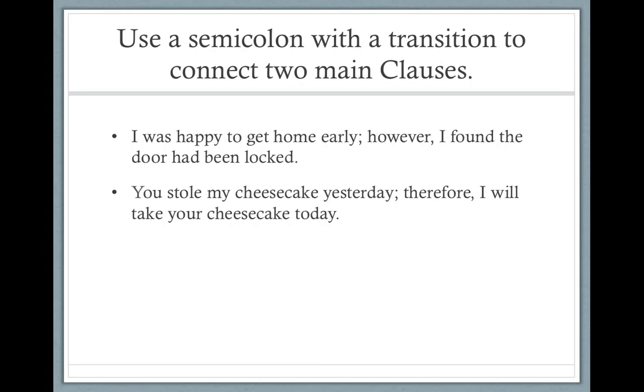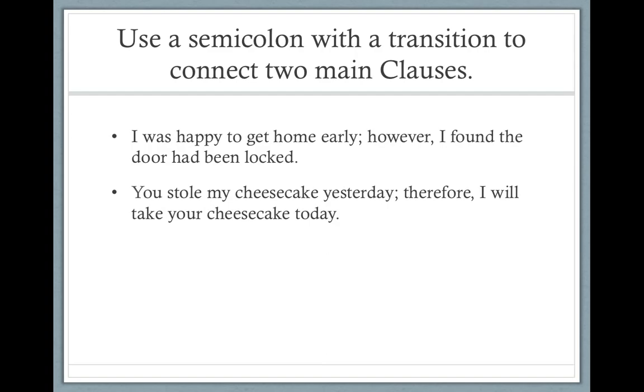The third way is that you can use a semicolon with a transition. It could be a conjunctive adverb, and it could be any other type of transition, but mostly conjunctive adverbs. So the first one here: I was happy to get home early; however, I found the door had been locked.